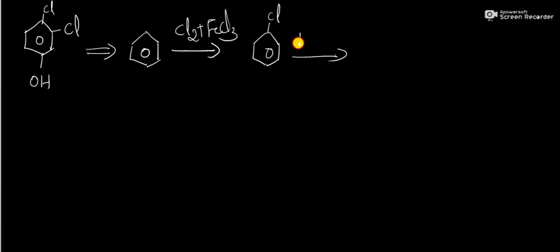Which on sulfonation using H2SO4 will be converted into ortho substituted product and para substituted product. After separation, we get one substituted product, either ortho or para. Here we select the para substituted product.